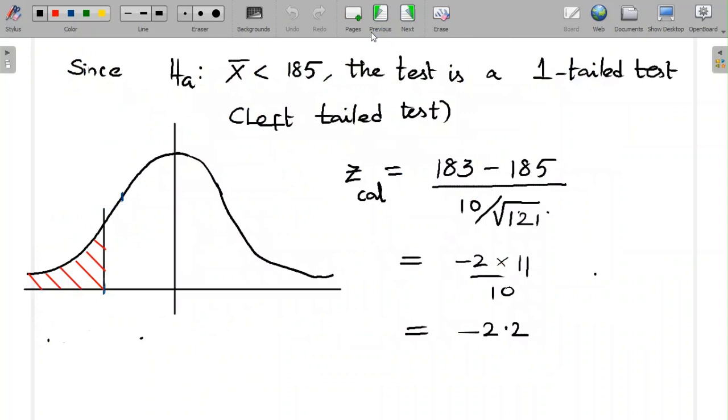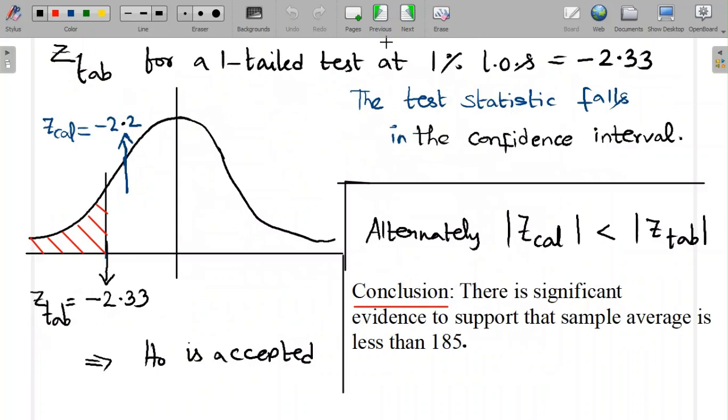So we use the same formula again and we find out that the calculated value is minus 2.2. We compare this with 2.33, which is known to be the critical value for a one-tailed test at 1% level of significance. We see that our test statistic falls in the confidence interval and not the critical region. Therefore, H naught is accepted.